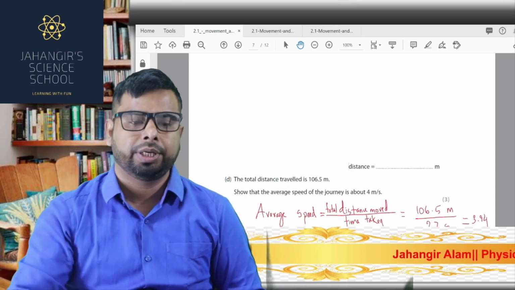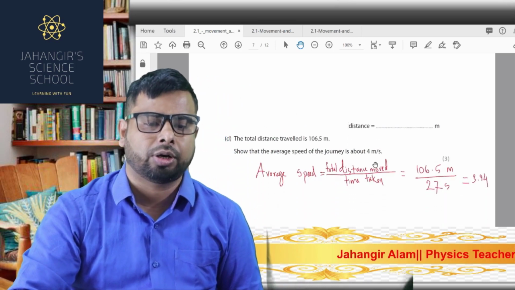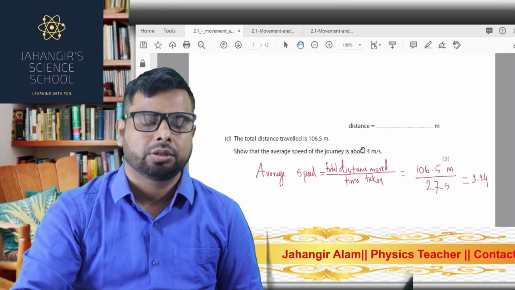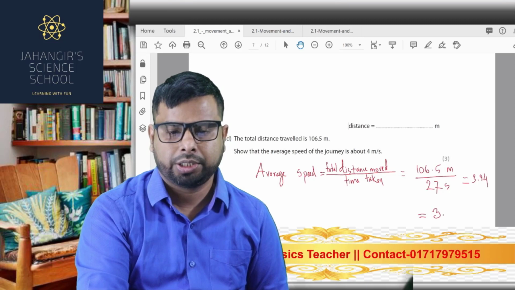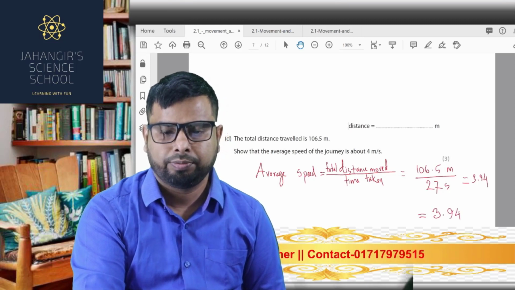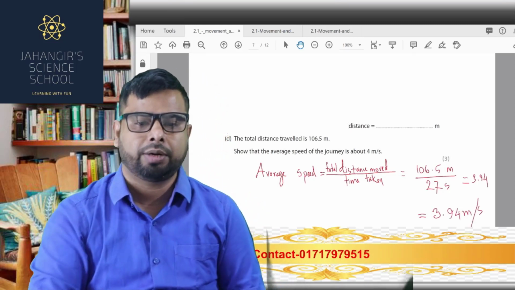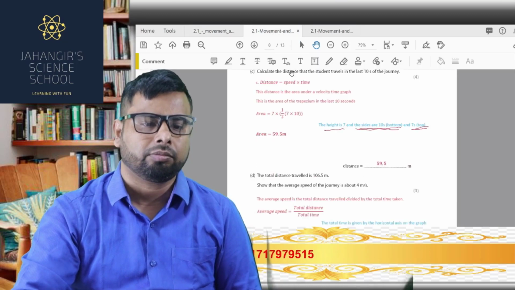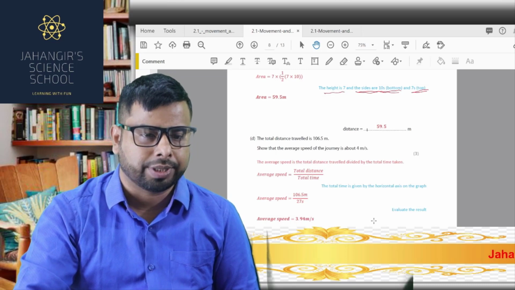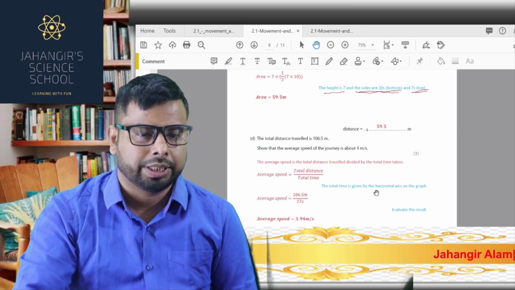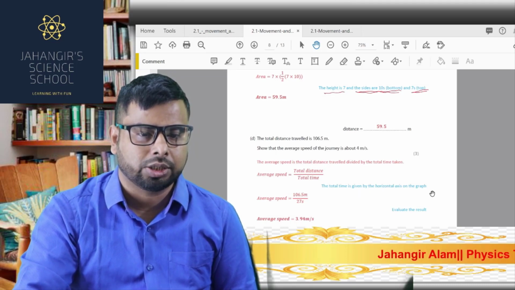We know the unit of speed is meters per second. So the answer is 3.94 meters per second. Total time is given by the horizontal axis on the graph.